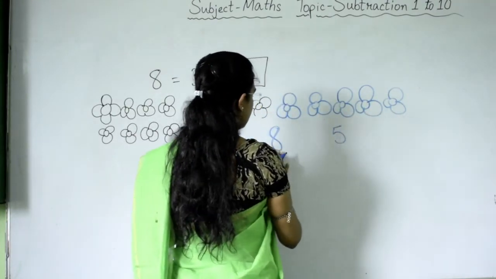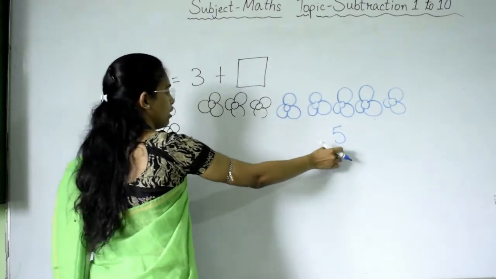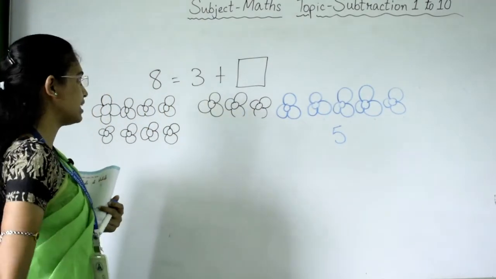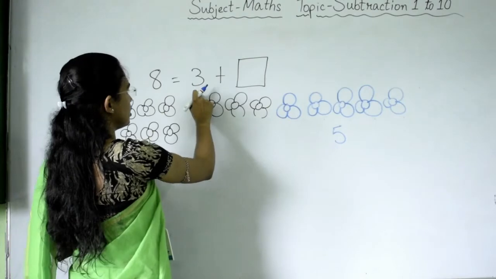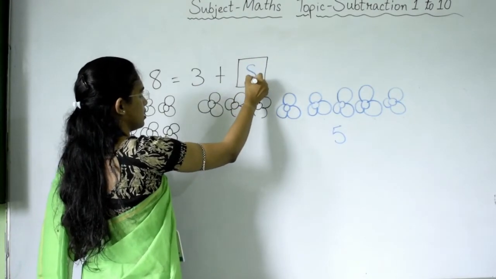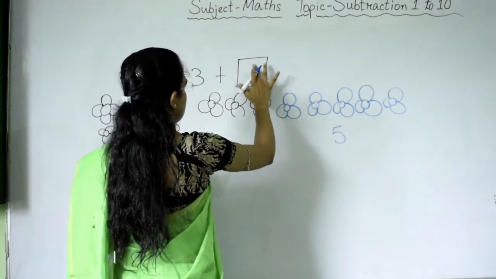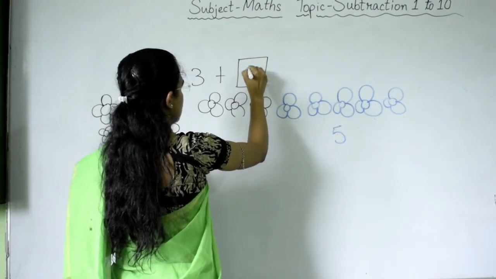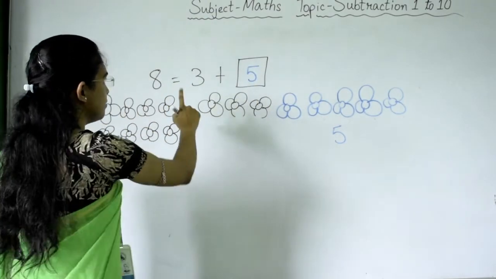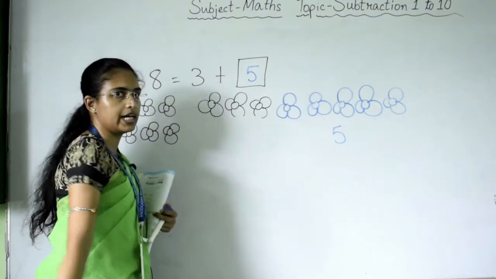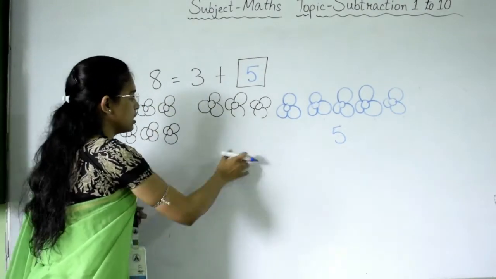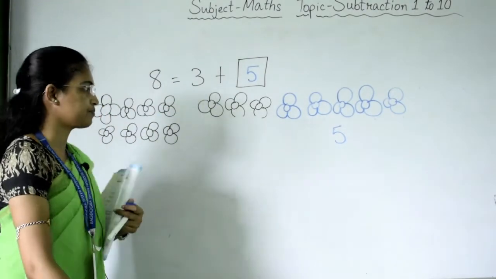We have added 5 flowers with these 3 flowers to make it 8. That means 3 plus 5. 3 plus 5 equals 8. That means both the sides are same.